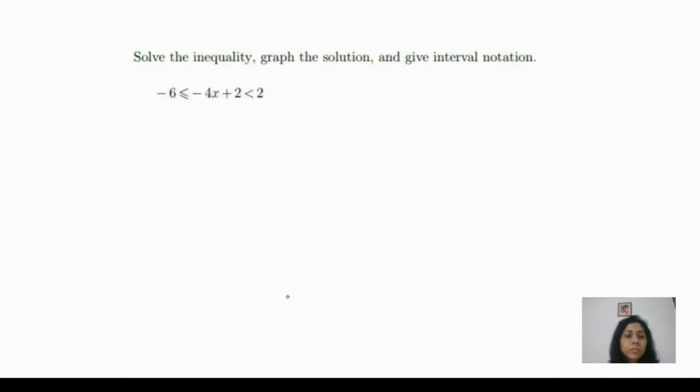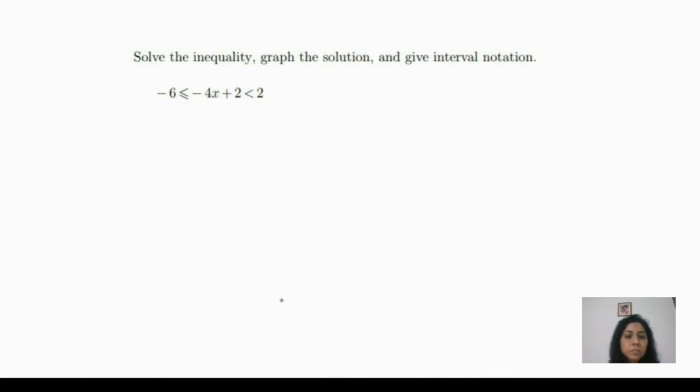So this is the third type of compound inequality. The third type of compound inequality is a special type of and inequality, when our variable is between two numbers, when we can write it as a single math sentence with three parts.